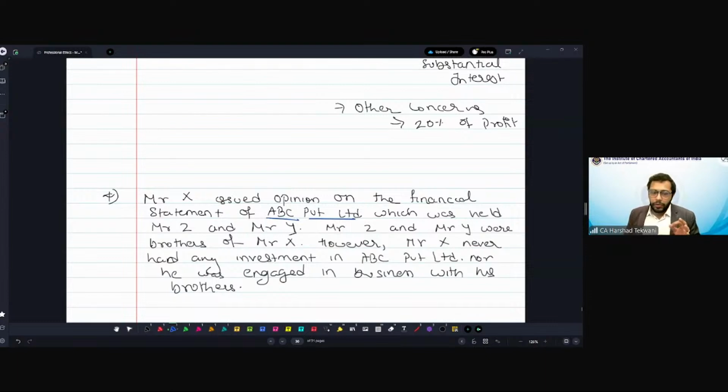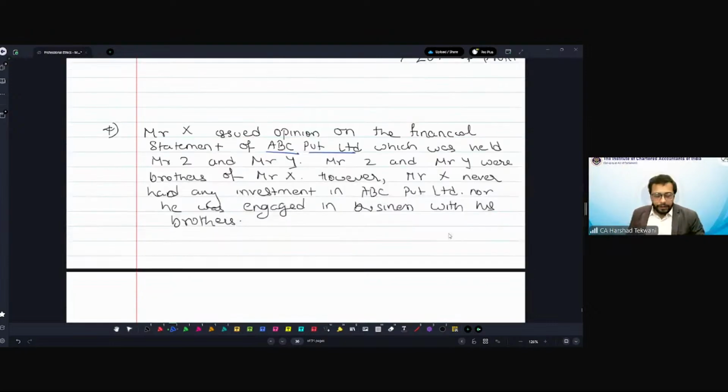In a company, it's not only about the clause that we need to see, it's also about the Companies Act that we need to look into. There is section 141 of the Companies Act, which talks about eligibility, qualifications, disqualifications of auditor. And over there is one particular point. There is one particular point of section 141. Okay.